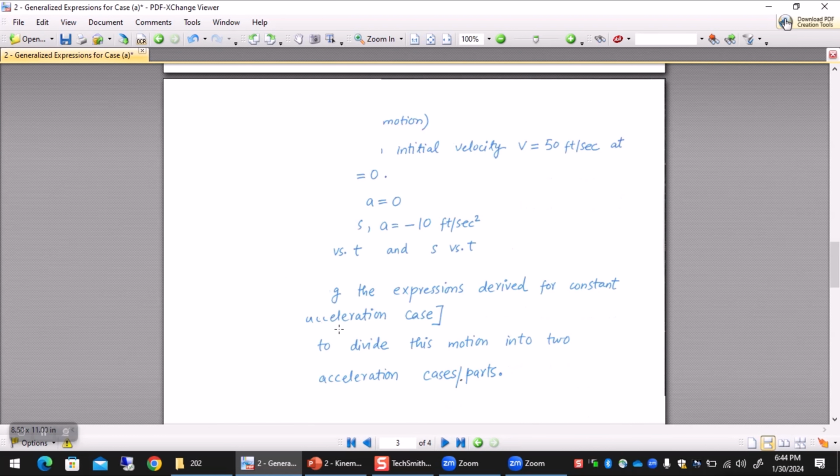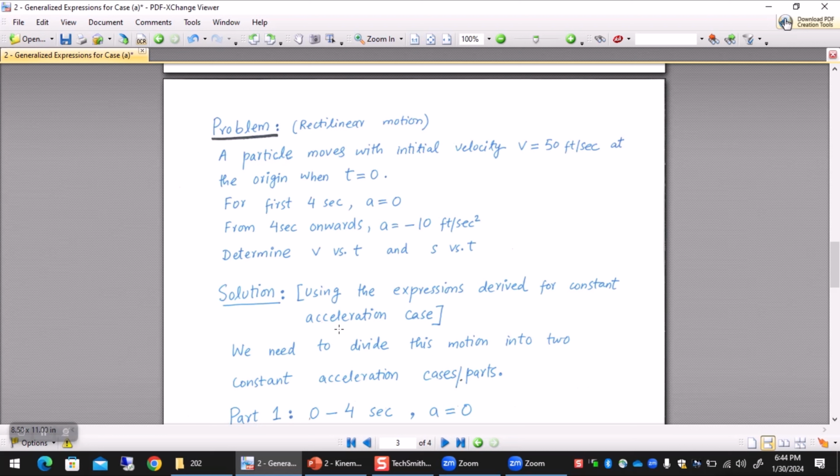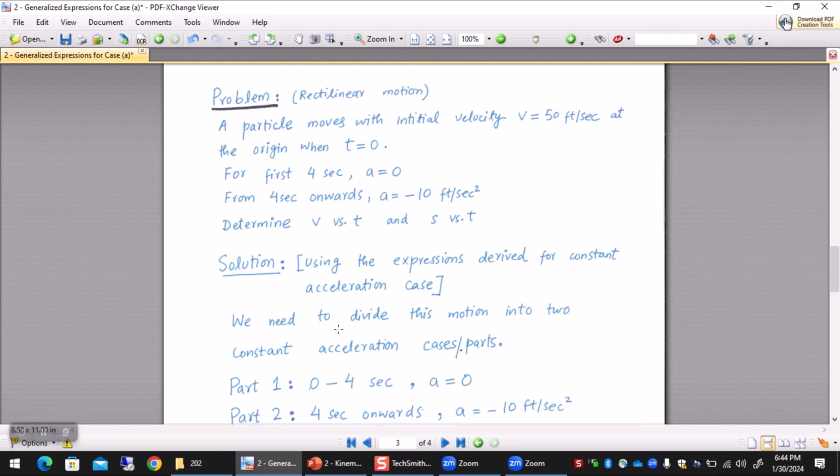Take the problem we were discussing last time: we knew that for the first 4 seconds a was 0, and for 4 seconds onwards a is minus 10, right? So if we want to consider this as a constant acceleration problem, we should divide the whole motion into two parts, 0 to 4 and 4 onwards, right?